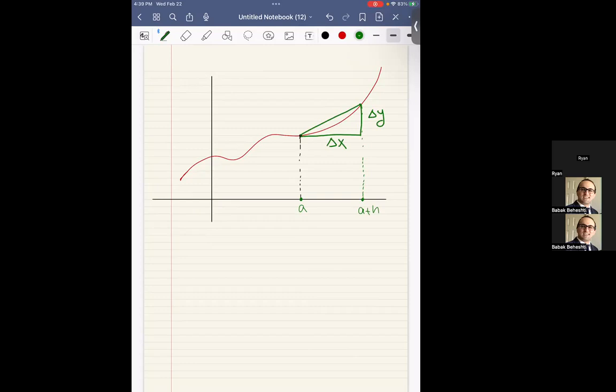As we defined, the rate of change is delta y over delta x, which is basically the slope of this line, the line that goes from a and f of a to a plus h and f of a plus h.